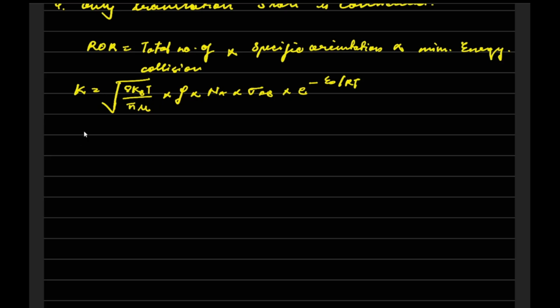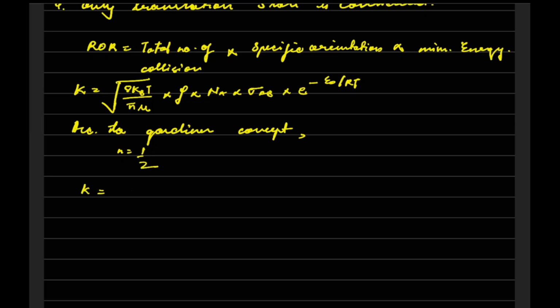Whereas if we write it for the Gardiner concept, according to the Gardiner concept, n is equal to 1 by 2.